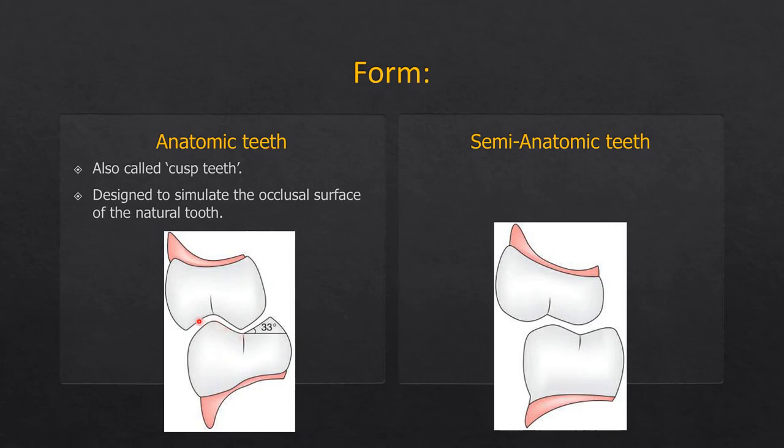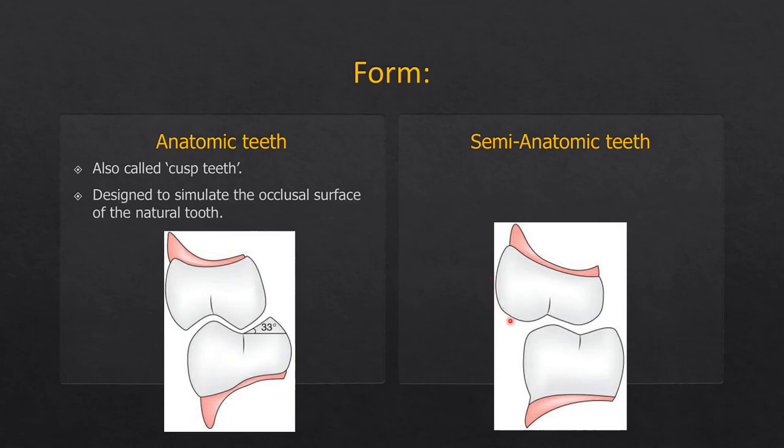Anatomic teeth are called cusp teeth because they have cusps, and they are designed to simulate the occlusal surface of natural teeth and to effectively grind and chew the food. They generally have a cuspal inclination of 33 degrees.